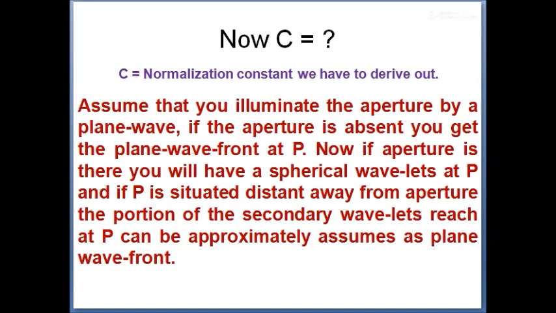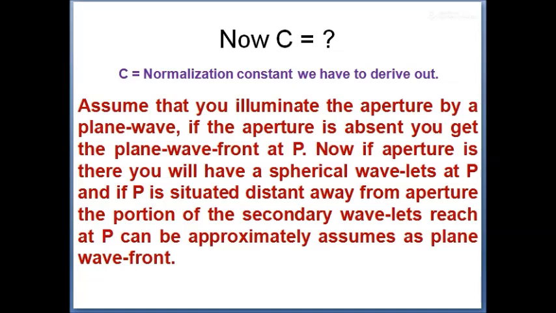Now what is C? That's a big question. C is the normalization constant we have to derive. Now how can we derive the value of C from this approximation? Firstly, assume that you are going to illuminate the aperture with a plane wave.